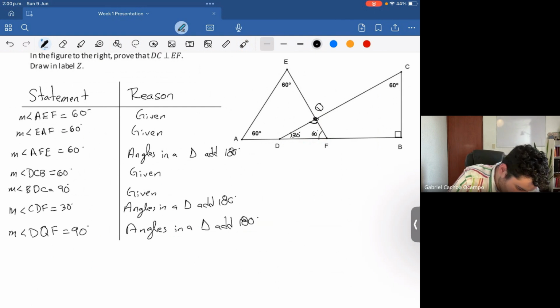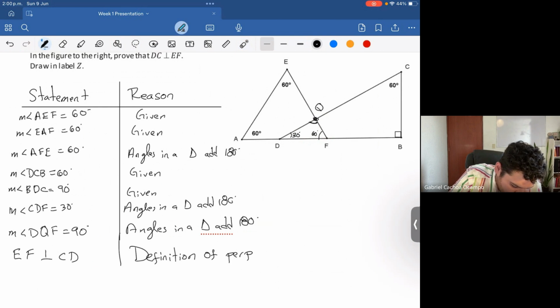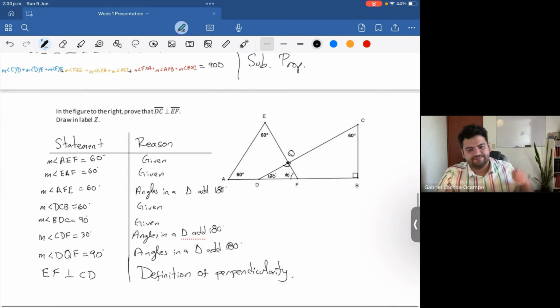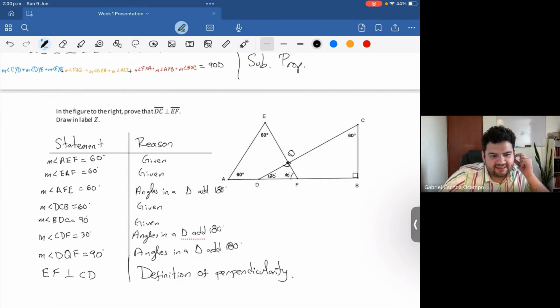Then I know that line EF is perpendicular to line CD, and that is the definition of perpendicularity. That is what we wanted to prove. Now DC is perpendicular to EF. Awesome.